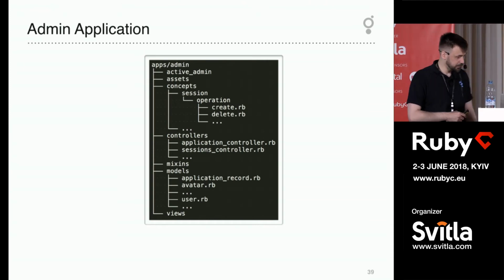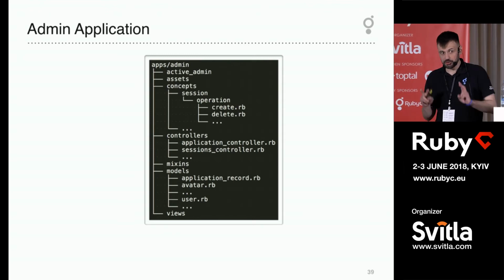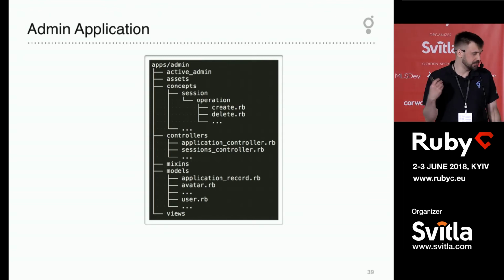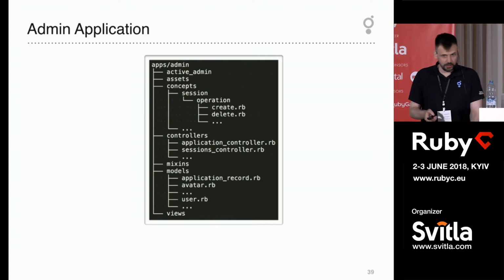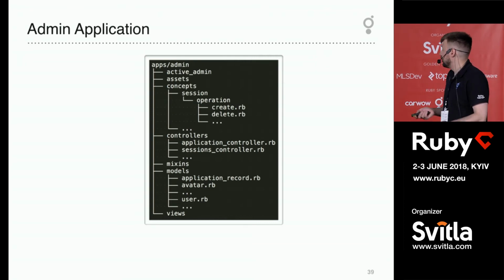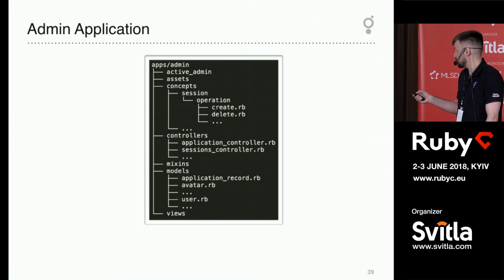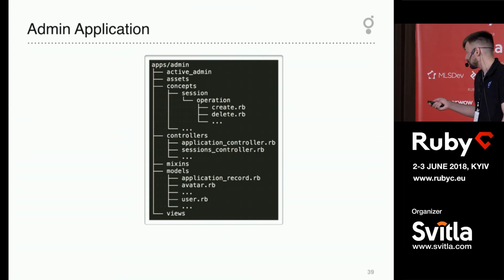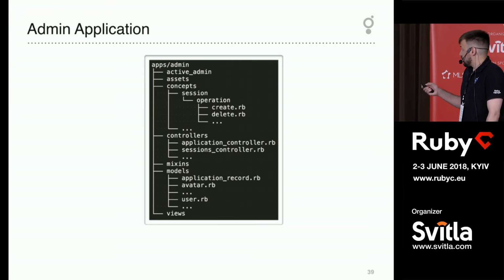But ActiveAdmin uses the Rails way, and clean architecture is not about the Rails way at all. Anyway, we can use an admin panel like ActiveAdmin in our application. We just create a separate application inside of our project and put all the necessary things inside of it.